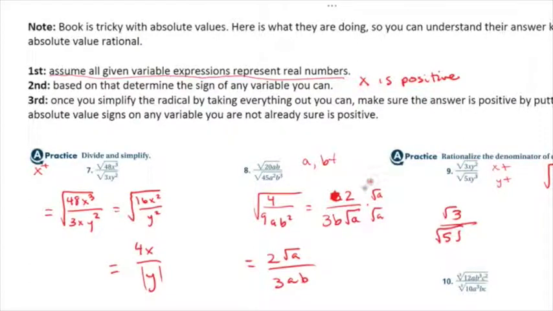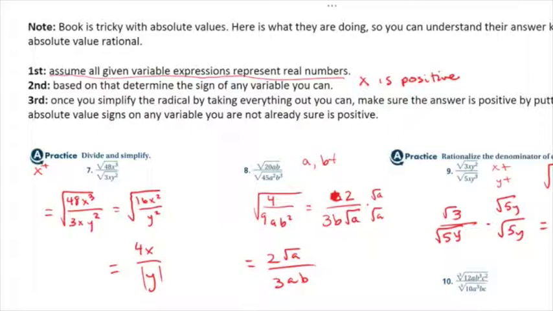Square root of 5y multiplied by square root of 5y on the top and bottom. And I got square root of 15y over 5y. This answer has no absolute values in the book, and that's because by logic we could determine that y would be positive. So that was really tricky to me.